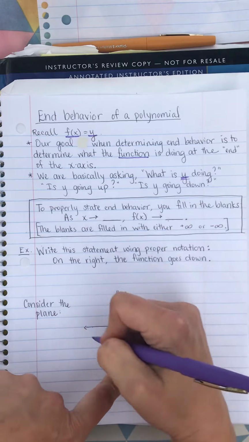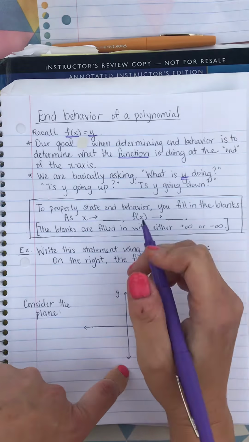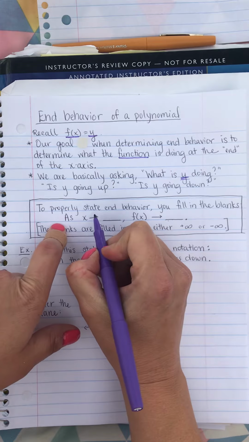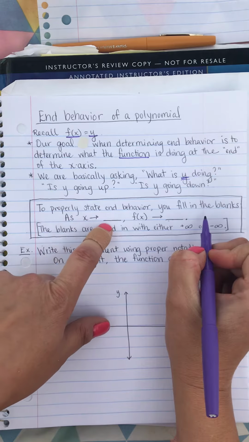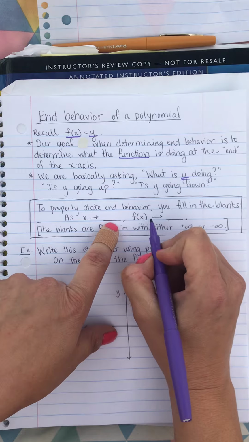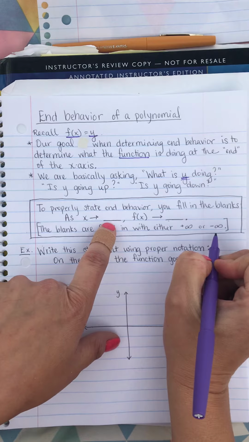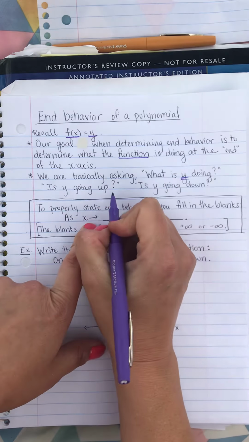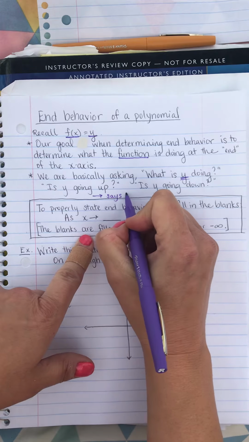Okay, now I have a whole little color coordinated system, so I'm going to change colors in just a little bit to all sorts of markers. But to properly state this end behavior, we fill in the blanks. As x approaches something, f of x approaches something, and those somethings are either positive infinity or negative infinity. The little arrow, I didn't leave a space for this, but that little arrow says approaches.